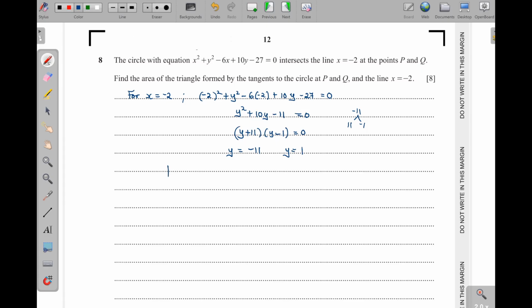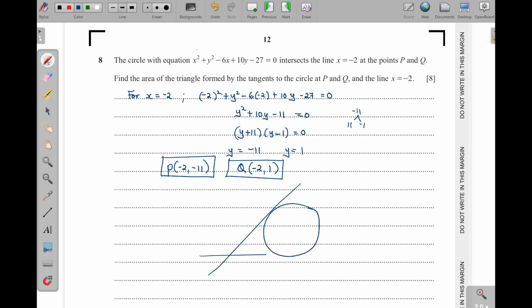So I can take my P to be negative 2, negative 11, and then my Q to be negative 2, and then 1. So these are the coordinates of the points of intersection. Okay. Now, to find the equations of the tangents, let's say we have this one here, and we also have that one there. Maybe this is point Q, this is point P.